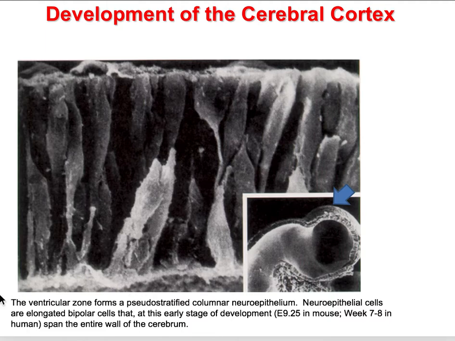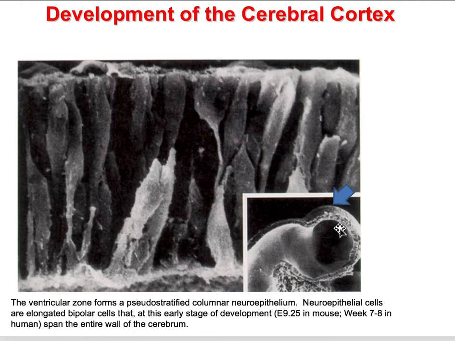This single layer, along the surface on the interior of these vesicles, is what's known as the ventricular zone, and that persists for a long period of time during development.